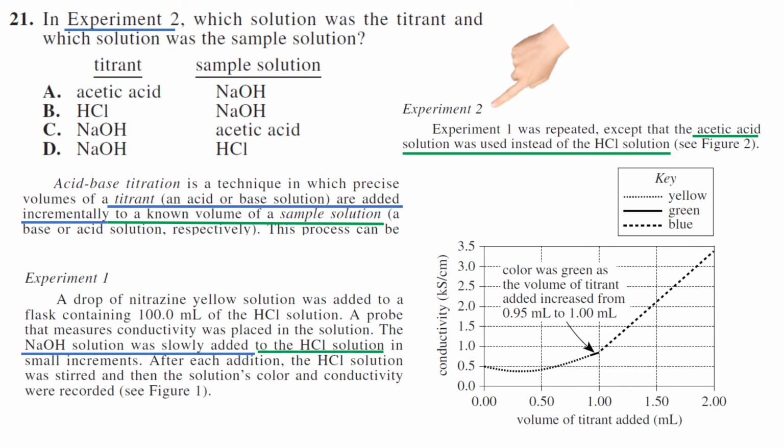So the HCl is the sample solution in experiment 1. Acetic acid is used instead in experiment 2, and NaOH was added to both. So NaOH is the titrant, and acetic acid is the sample solution in experiment 2. That's actually a lot to process in a short time. That's why practicing these tests helps you to know how to break down material fairly quickly.